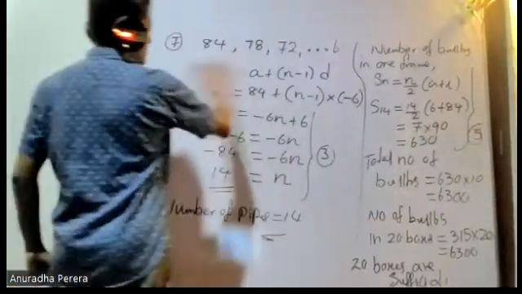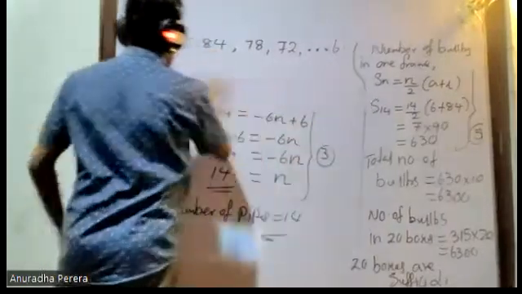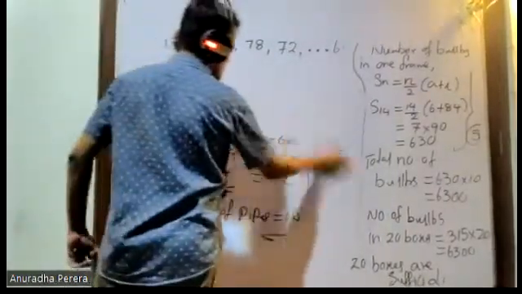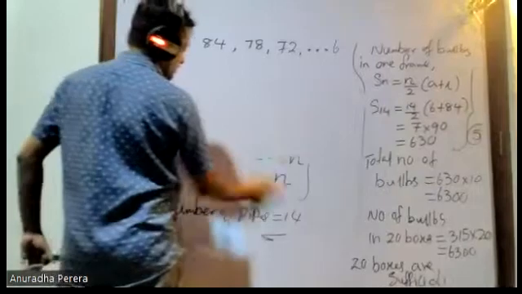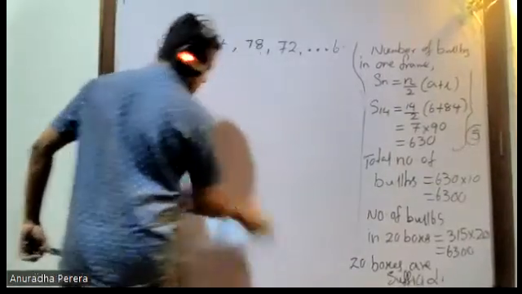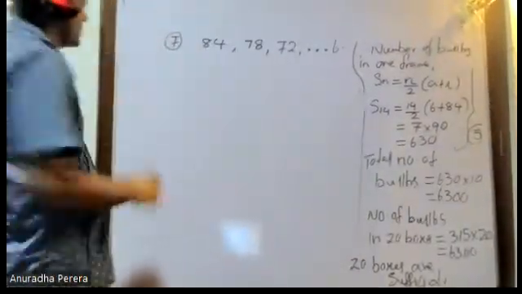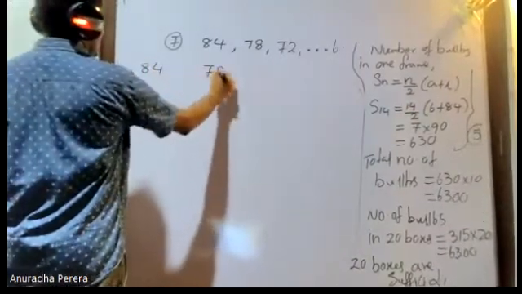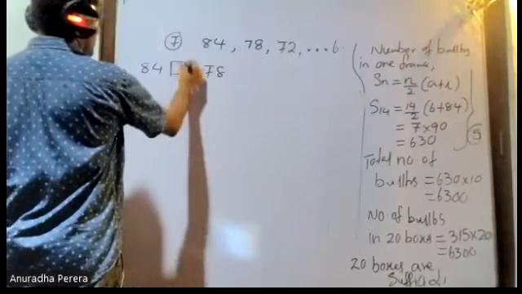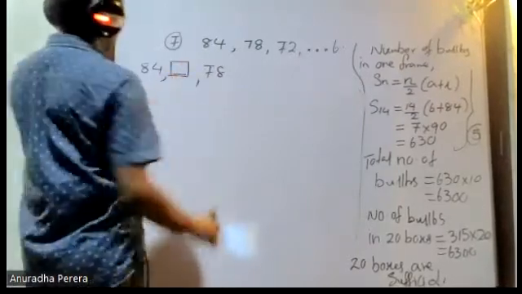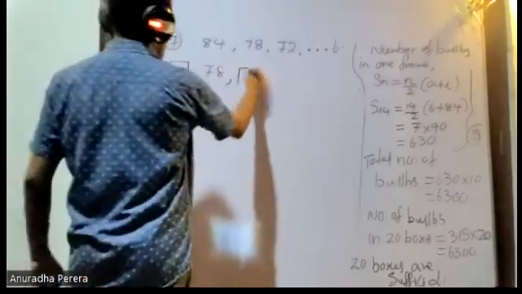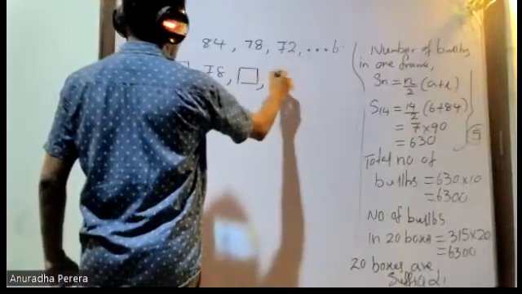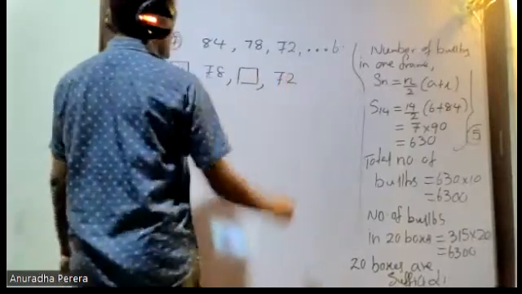First of all, identify the question. The first bulb count is 84, then 78. Another pipe is fixed between each consecutive pipe, like this.